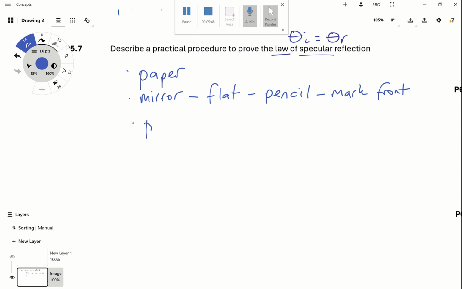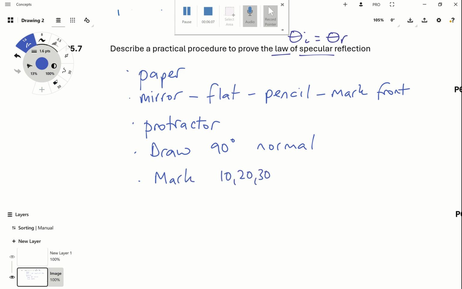Next part, get a protractor, and then draw at 90 degrees the normal, and then using your protractor mark 10, 20, 30, 40, 50 degrees from the normal.